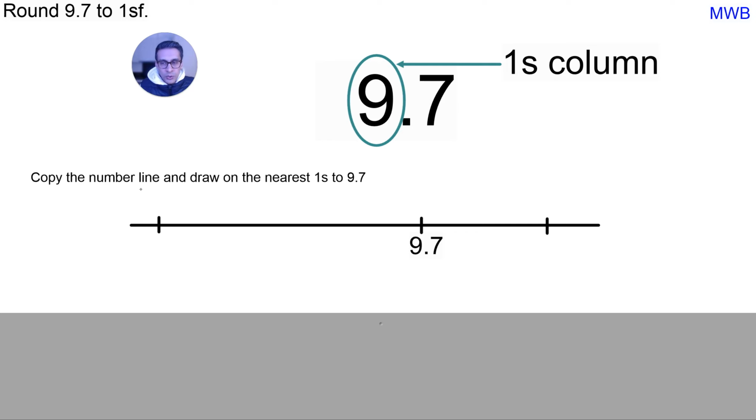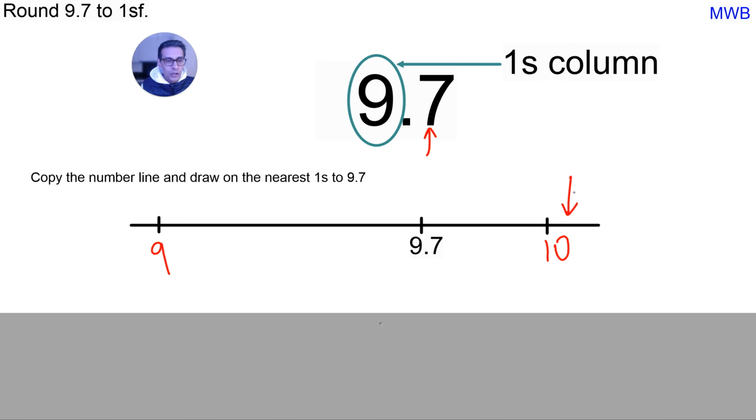So a second example, 9.7 to one significant figure. The first thing you want to do is look for the first non-zero digit, which is 9. And we know that this is in the ones column. So if the 1 times table, where would 9.7 be closest to? Well, it's a bit closer to 10 rather than 9. So the decider being 7 means that you round that 9 up to a 10.